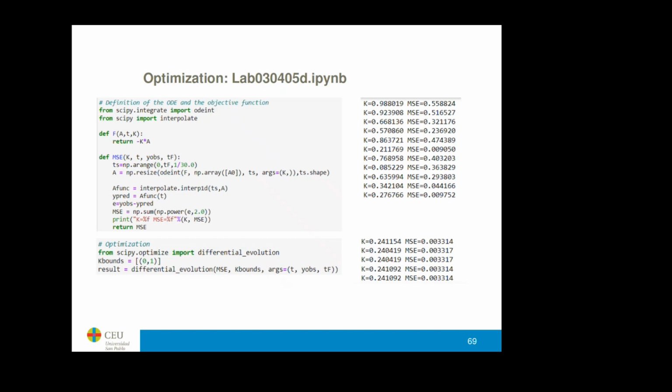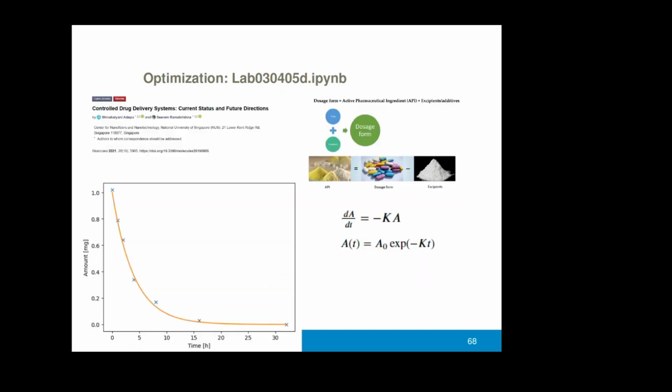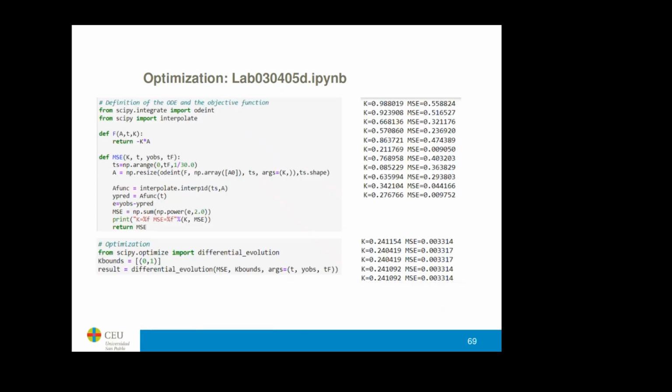So for the MSE, first I simulate, and here is the derivative. This F is this one here. You solve the differential equation with this initial value. Now this is the solution.